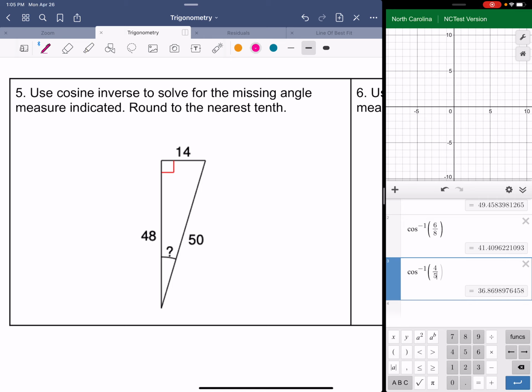Number 5, now we have all three sides, but we're told to use the cosine inverse. So from the given angle that's missing, we need to use adjacent and hypotenuse. So immediately, I can identify the hypotenuse. And based on the angle x, the other side that attaches to it is 48. So now I can set up my cosine ratio.